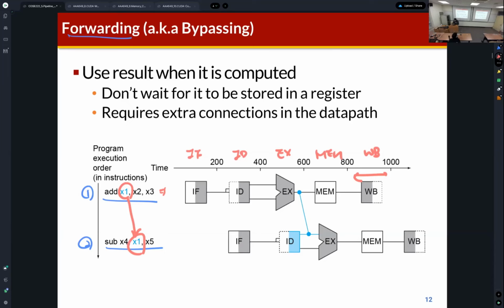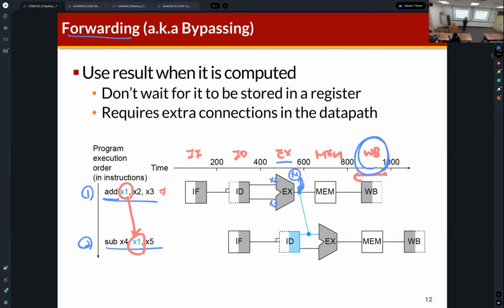Actually this result is stored during the write-back stage, but we know that the result is generated at the EX stage, right? Because this is an add instruction using x2 and x3, and the result of x1 is already generated at the EX stage. So what does that mean?